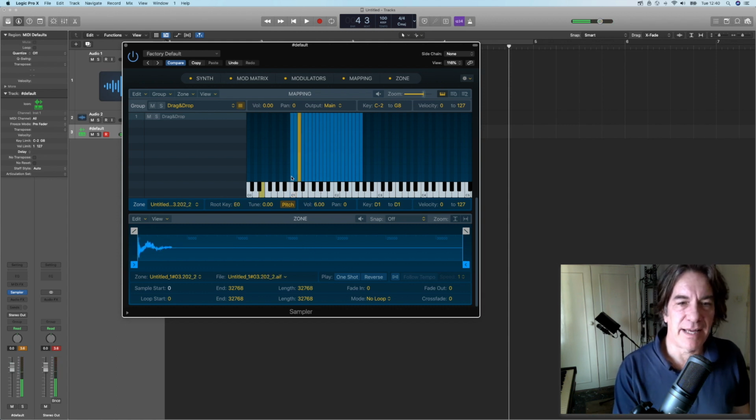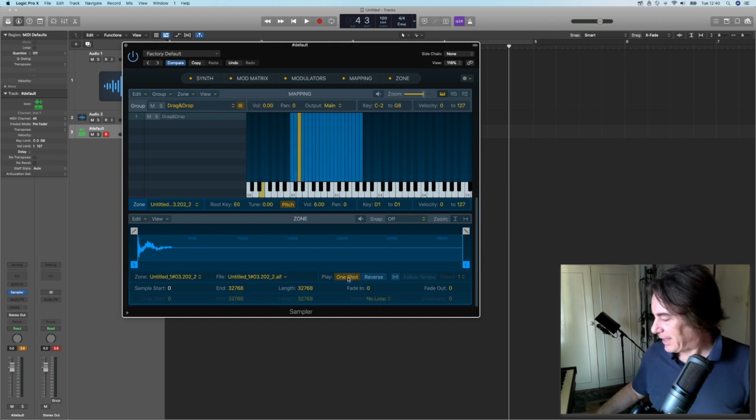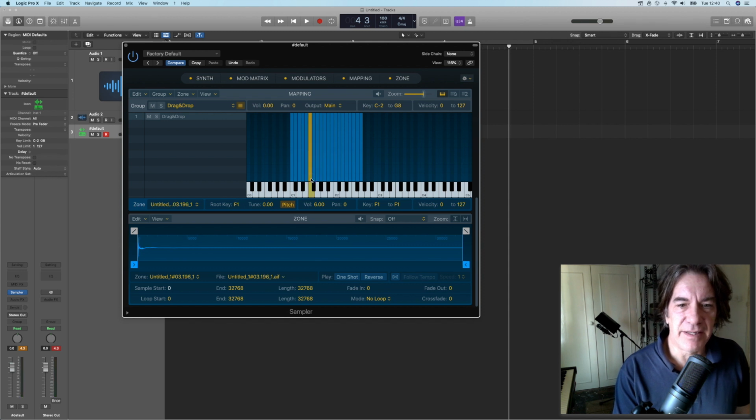Okay, so this sound here, let's go back to this sound here, and let's make sure that the one shot is put on for all of these sounds. Remember, one shot means it'll play even though I've taken my finger off the key.